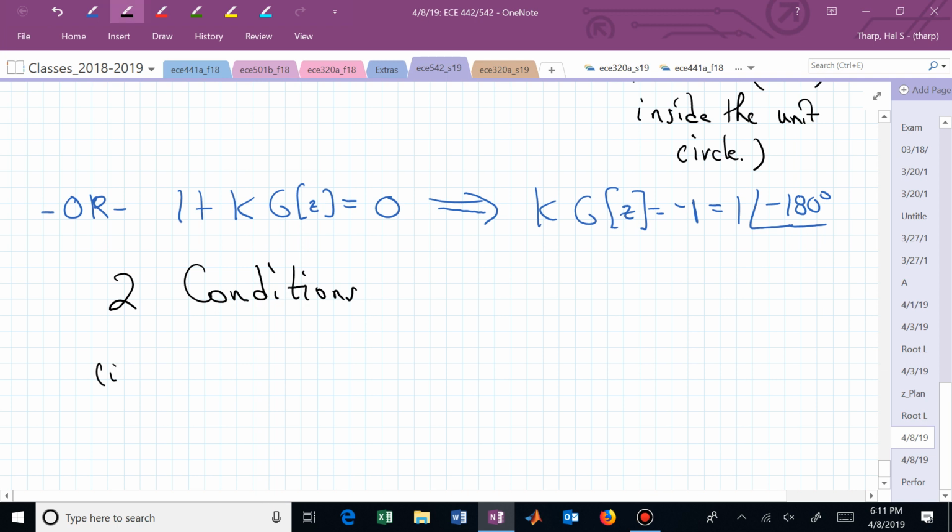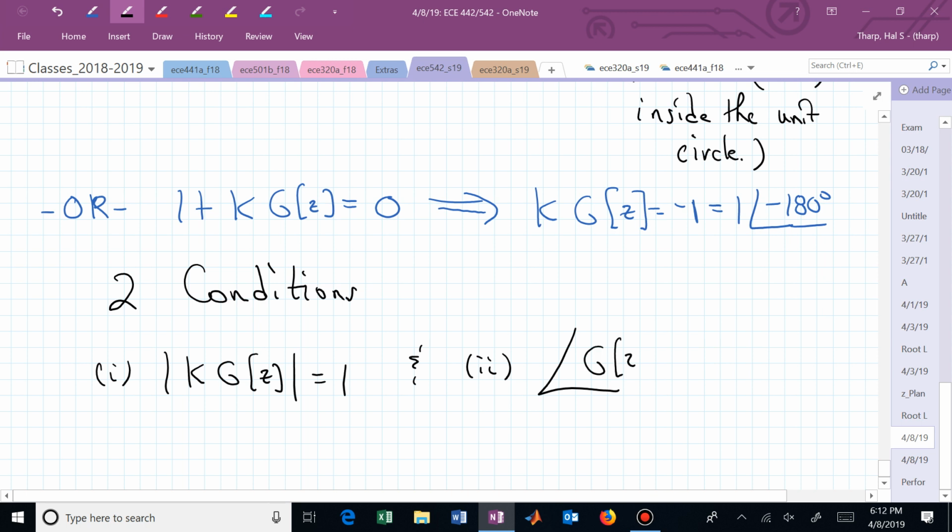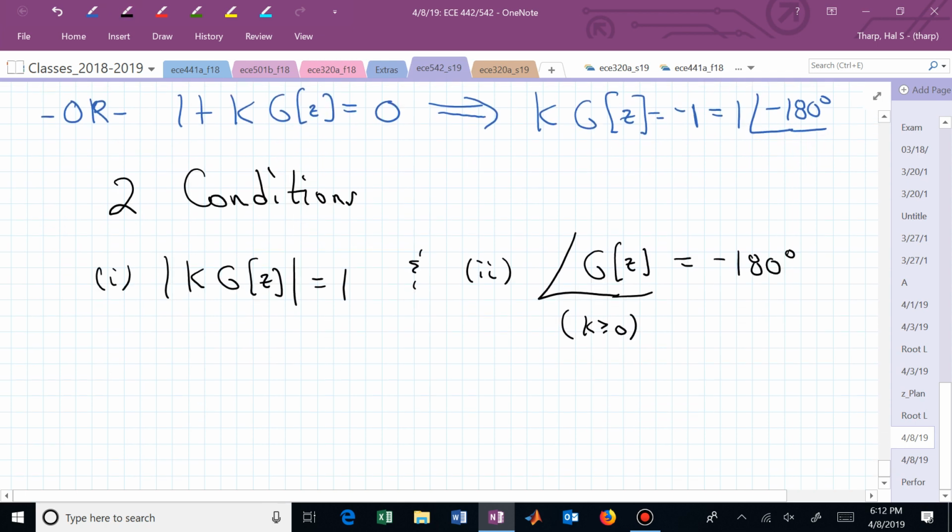We have one which says that the magnitude of K G of z is equal to 1. And the second condition is that the angle of G of z, here we're assuming K is greater than or equal to 0, so it doesn't change the angle relationship, this angle is 180 degrees.